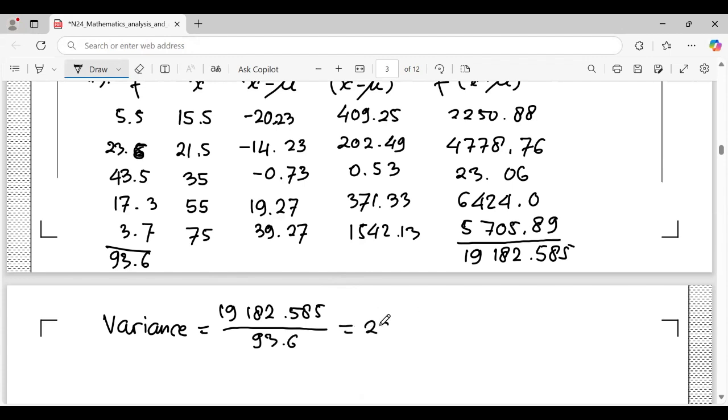The result is 204.94. That is the variance.